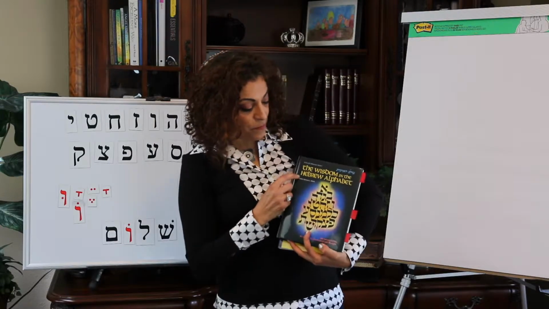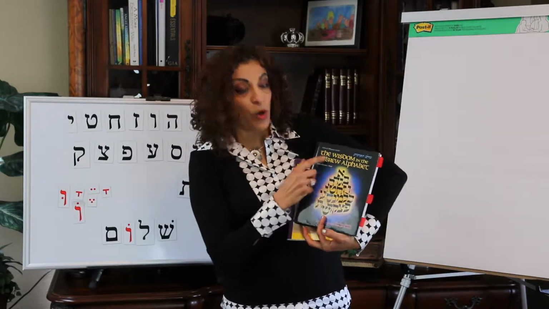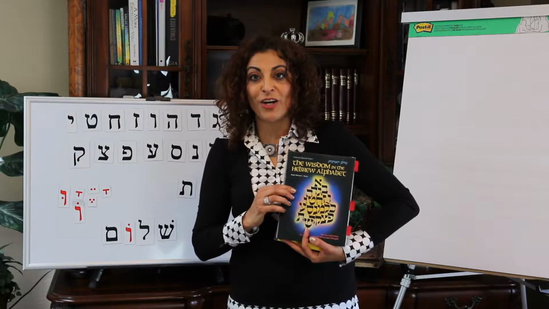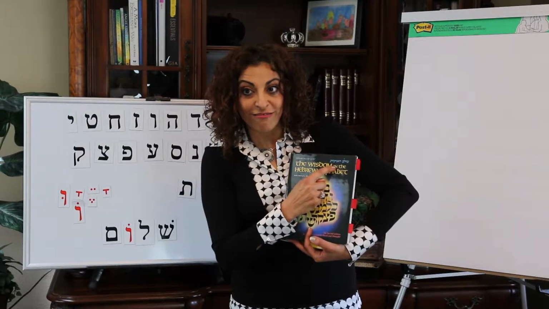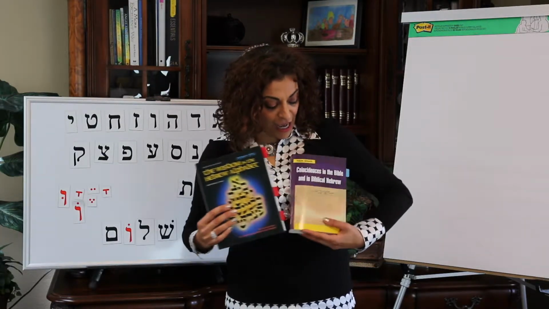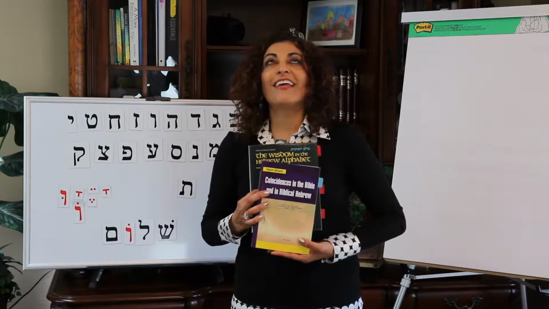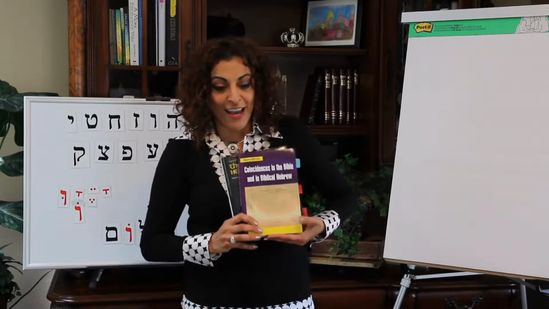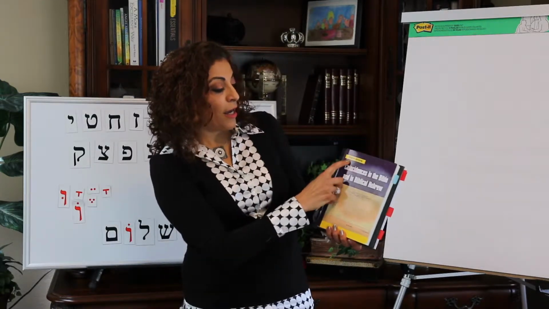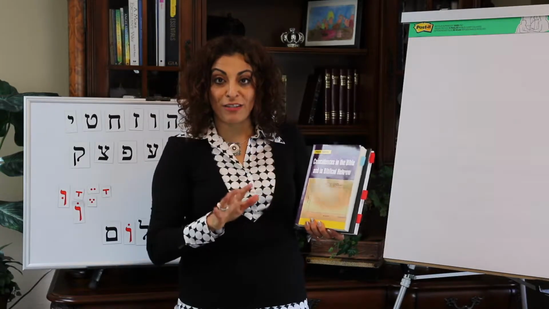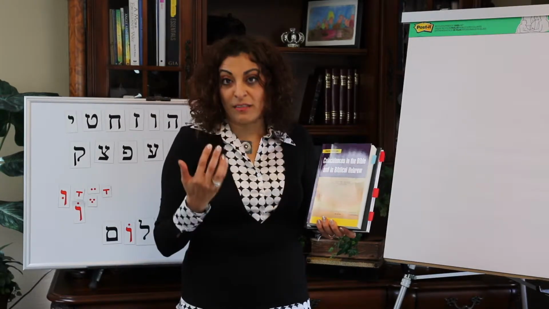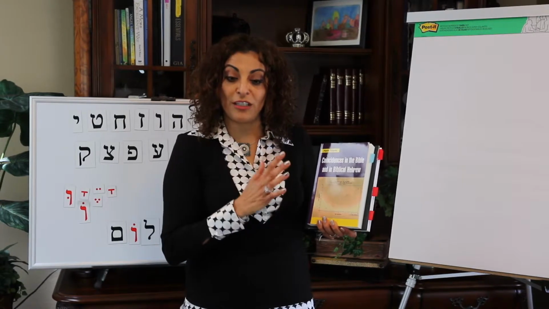And this is The Wisdom of the Aleph Bet, Olam HaOtiyot, the world of letters, okay, Otiyot. And then the other book, which is equally fascinating, is a book by Chaim Shor, who is a professor at a university in Israel, a scientist.